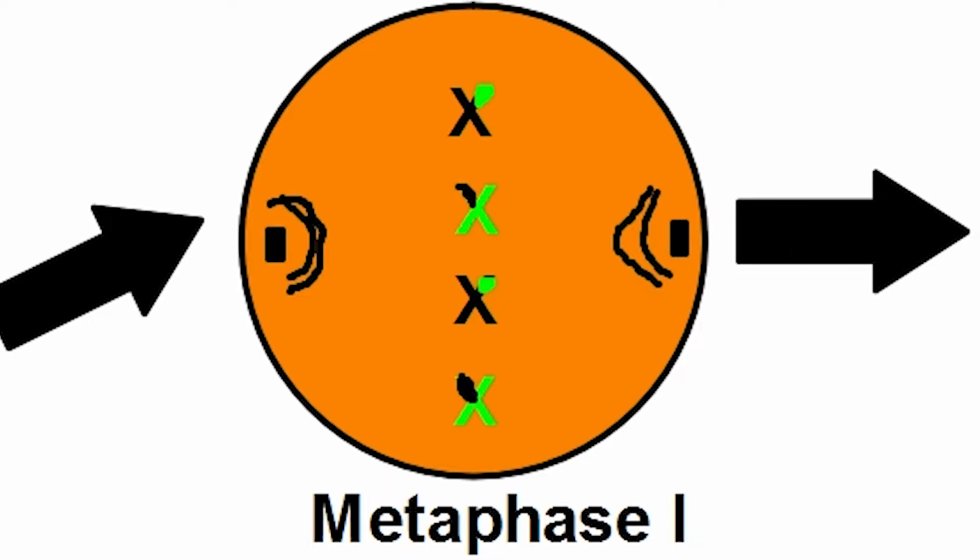So we have had our crossing over occur. We move over into metaphase and you'll see we have a black X on the top with a little bit of smudged or exchanged genetic material from one of the green X's on the top right, another X with a little bit of black on the top left, another black with green on top right, and green with black on top left. So we basically have 2 identical smudges of each type. So now we move on to anaphase.